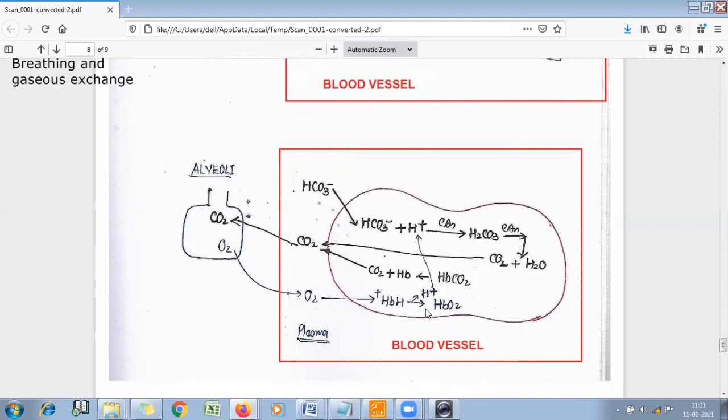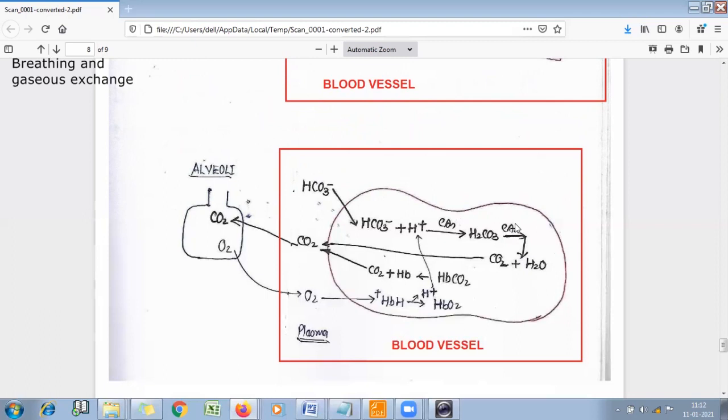Since this hemoglobin has received oxygen and it has loosened this hydrogen ion, it binds with hydrogen, and again in presence of this carbonic anhydrase, it forms carbonic acid, and again it is dissociated into carbon dioxide and water.